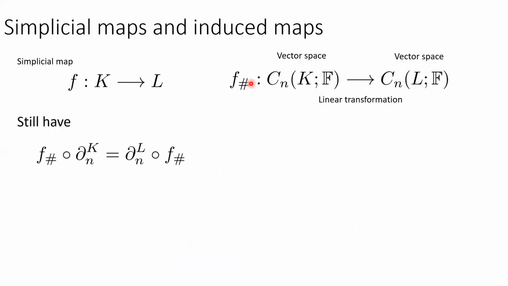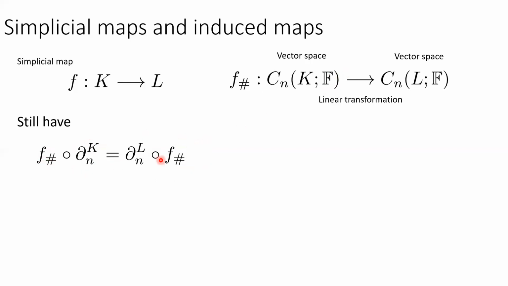So now we have the F sharps, and just as before, the F sharps commute with taking boundaries. Remember that the way we showed this was a completely combinatorial fact at the level of simplices. And if it holds for simplices, then it will also hold for n chains with any coefficients that you put in here.